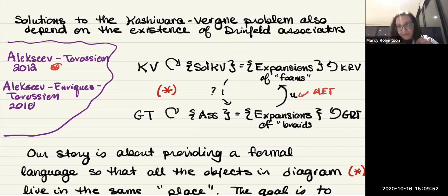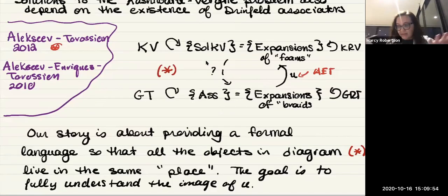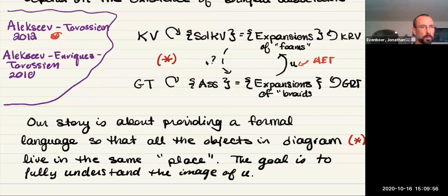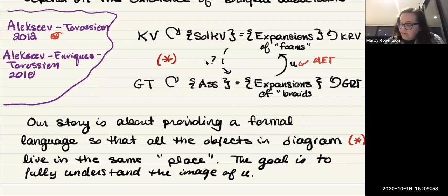I want to give a place so that I can actually describe what's happening here, like a sort of universal language for this diagram. So this becomes a diagram of categories, or they're slightly fancier than categories. And these morphisms are functors, basically. And so I can actually study this problem, and the long-term goal is to understand this image of U. Is every solution to Kashiwara-Vergne from a Drinfeld associator? Is it not?